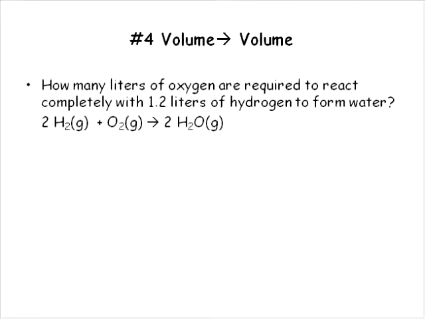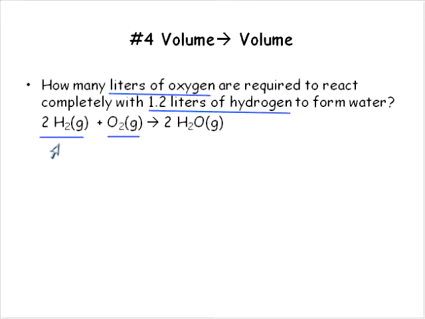The fourth example we're going to be looking at is a volume to volume problem. How many liters of oxygen are required to react completely with 1.2 liters of hydrogen? Okay, so we're interested in hydrogen and oxygen.